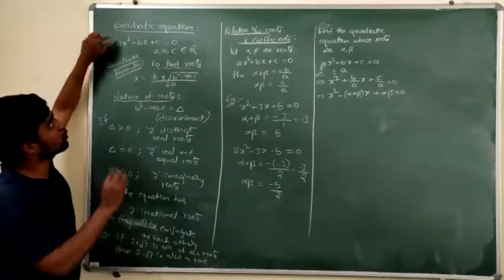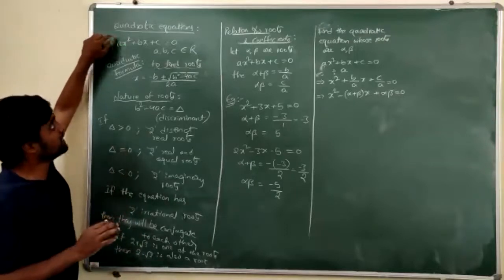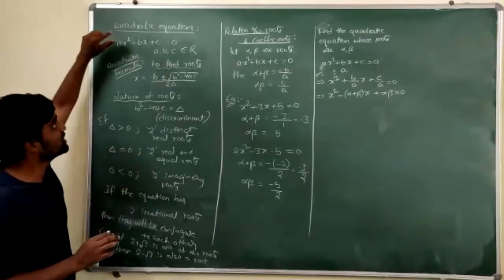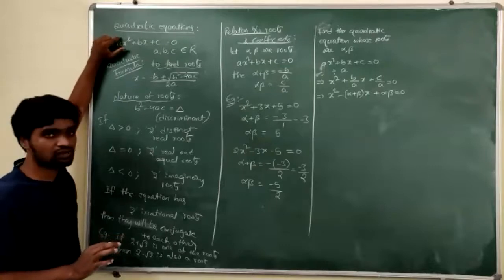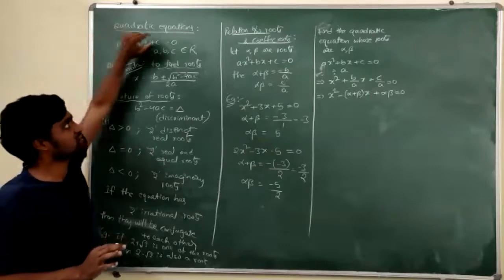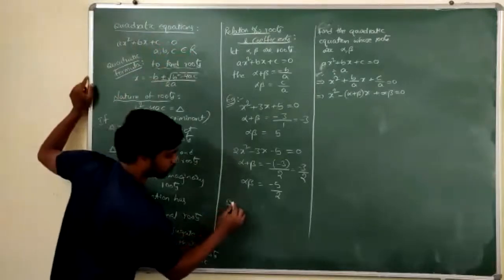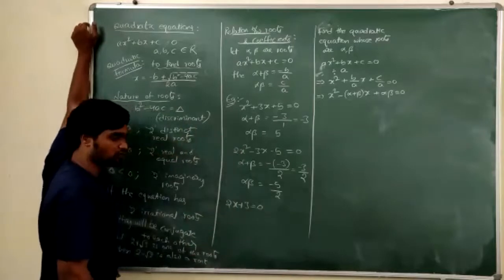Finding the roots of this equation means finding the values of x which satisfy this equation. That's it. Usually if I say 2x plus 3 is equal to 0, solve for x.